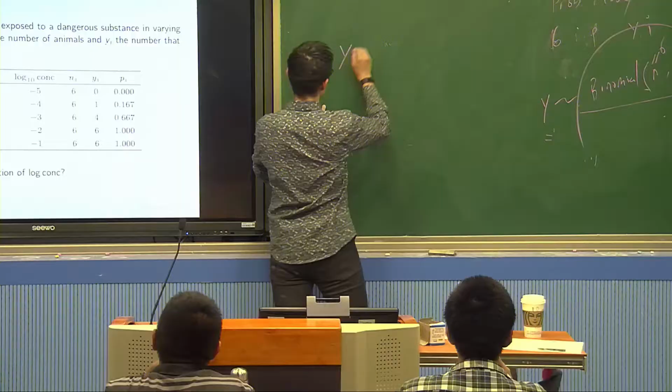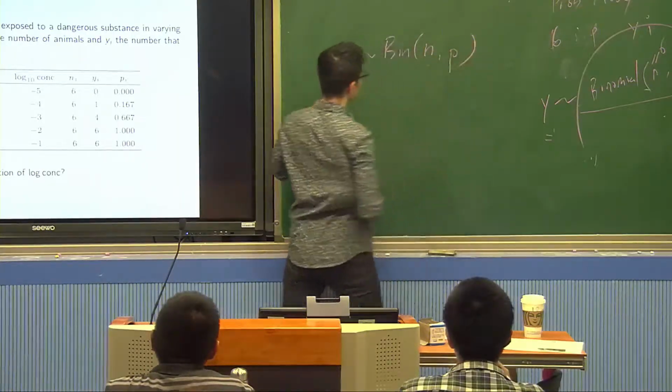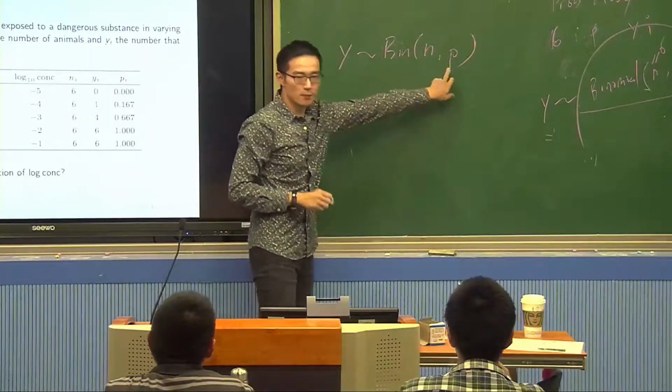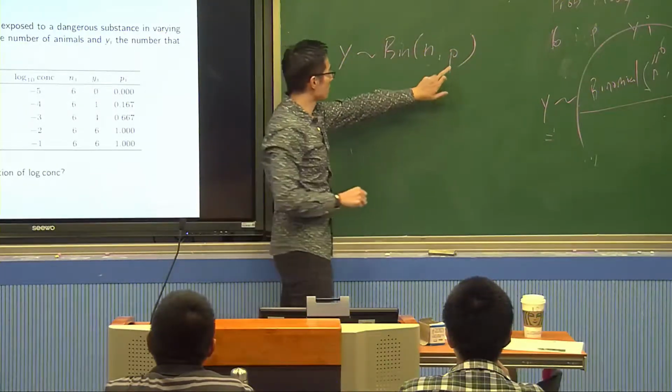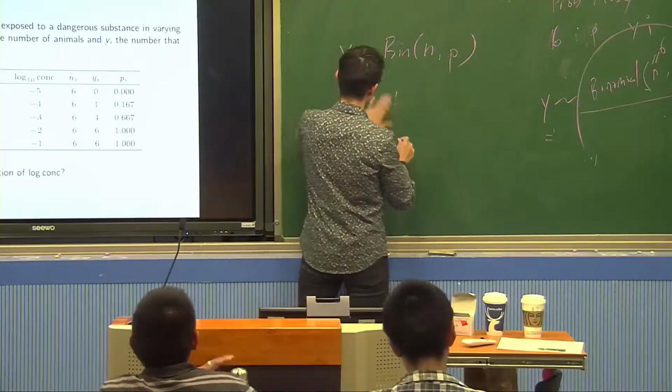Now, Y is binomial with n and P. But what is this P? This P is something I do not know. This P is the probability that an individual will die, okay?